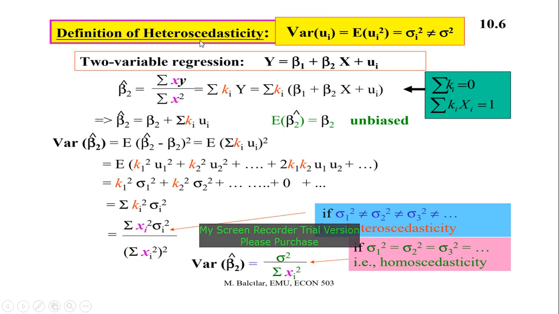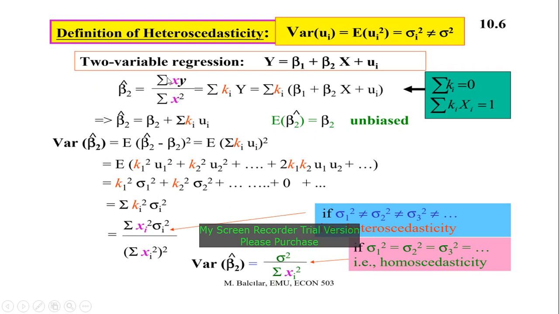So now let's look at a simple linear regression model where we have y equal to beta 1 plus beta 2 x plus ui. We can recall that when we want to estimate our beta 2, beta 2 here will be equal to summation of xy on summation of x squared.